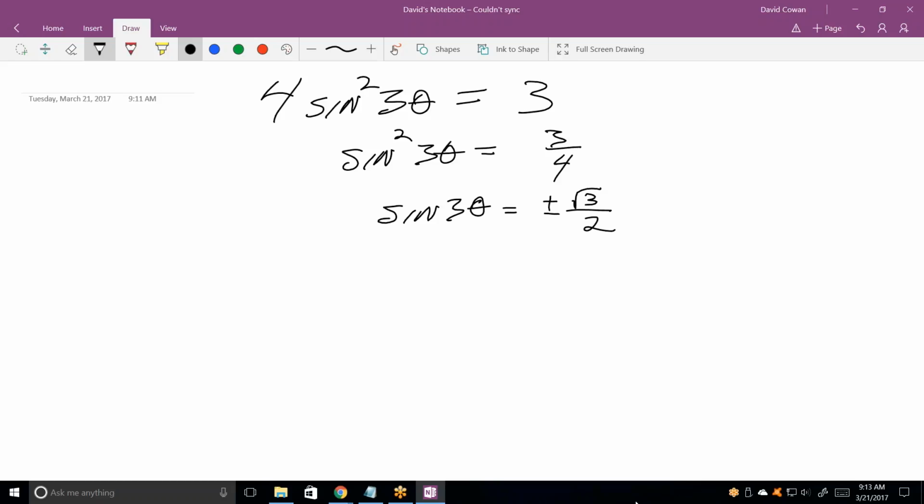So, where is 3 theta equal to that? 3 theta is equal to, sine, it would be pi over 3. All the pi's over 3? Yeah, I'm just going to disprove what I thought before, aren't I?